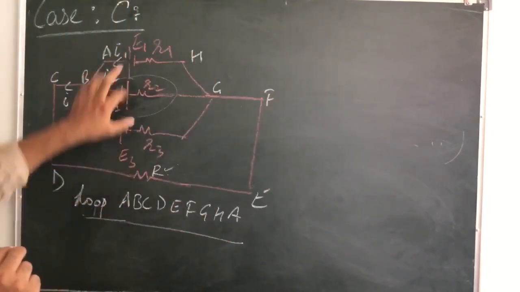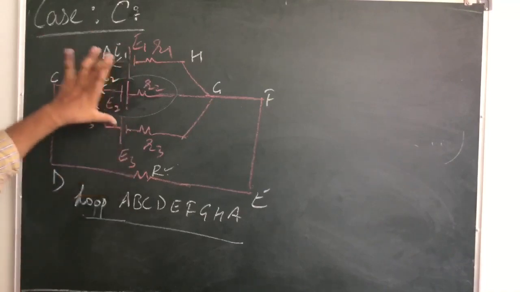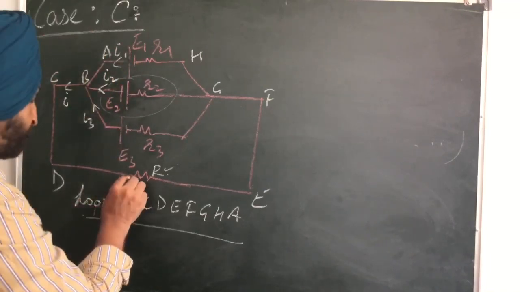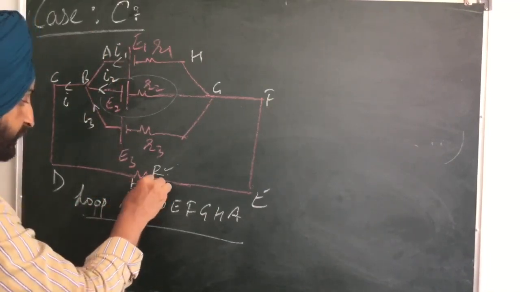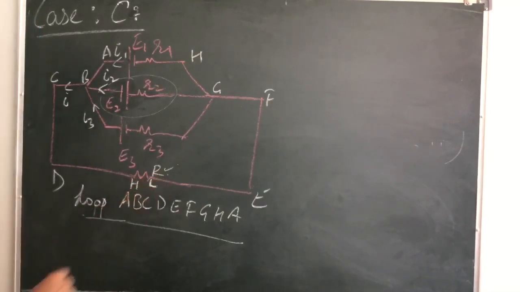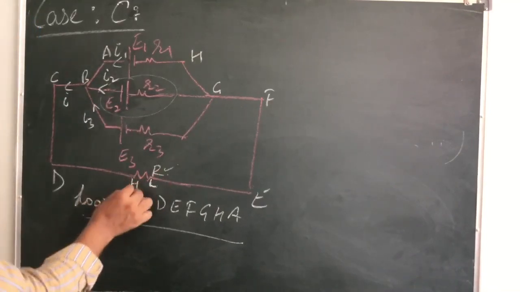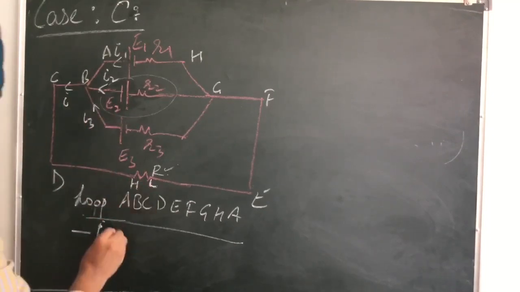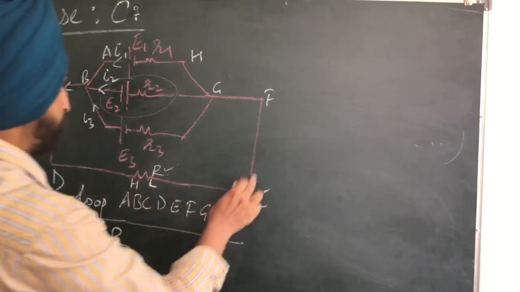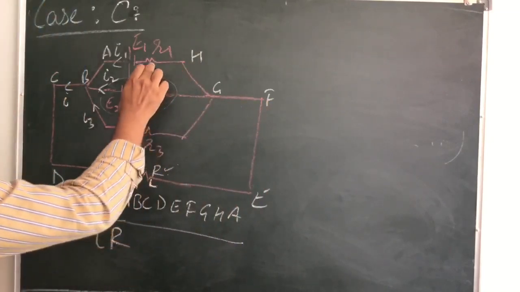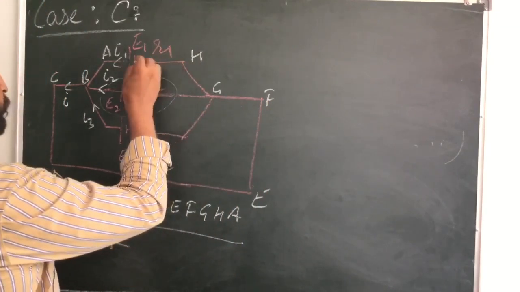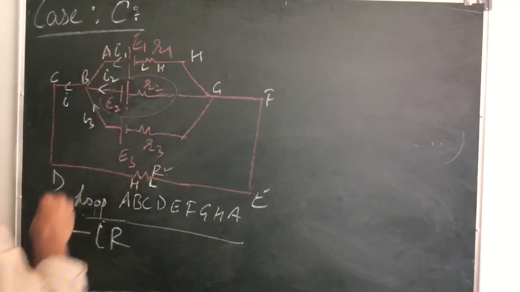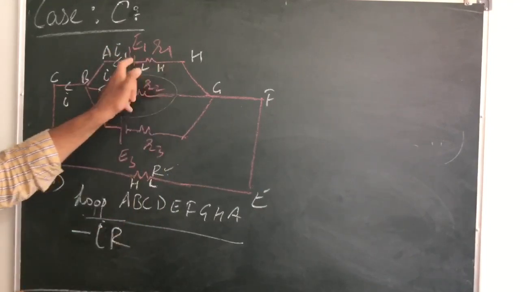Positives of all these cells are connected to this terminal. So here I will have high potential, here I will have low potential. So what I will be writing, since I am moving from high potential to low potential for this case, minus I is the current that is coming into R. Then I am going to encounter this internal resistance, but still I will be moving from high potential to low potential.